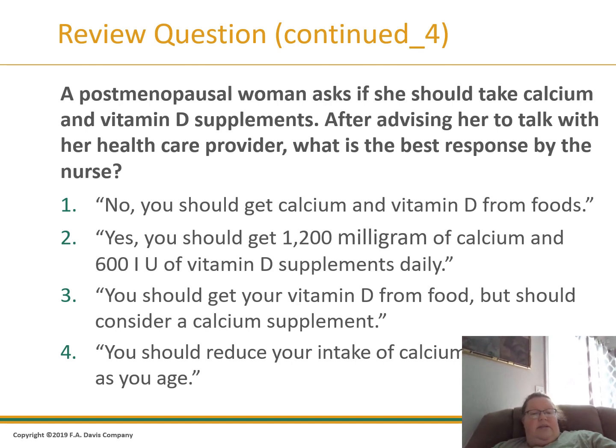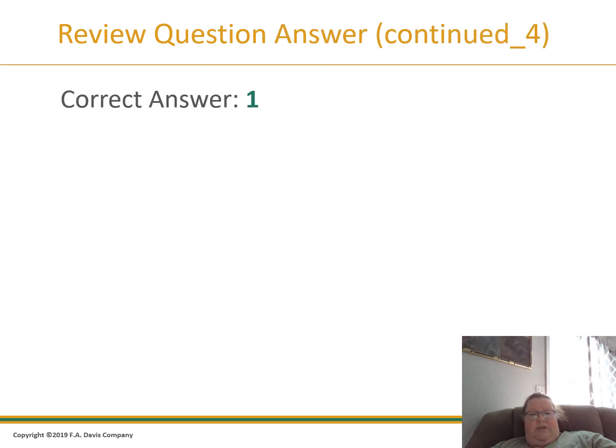You should get your vitamin D from food, but you should consider calcium supplements, or you should reduce your intake of calcium as you age. The correct answer, I believe, is number 2. Be as specific as possible. And yes, they should be taking supplements when you're post menopause. Oh, it's 1 though. I can't go back. So I was wrong. I don't know what it is, but yeah, you should be taking them.